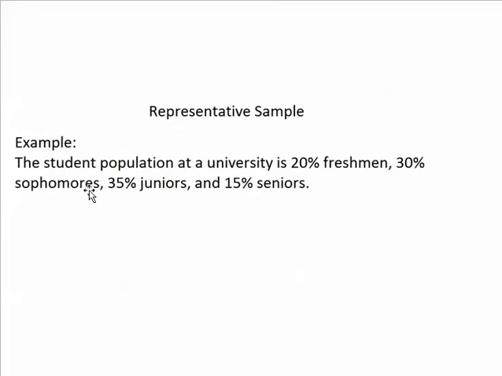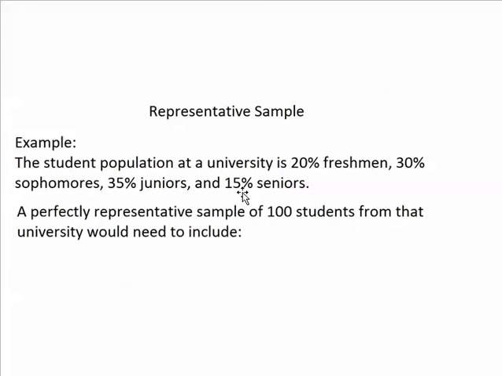Here's another example of a representative sample. If a university is 20% freshman, 30% sophomore, 35% junior, and 15% senior, a perfectly representative sample would also be 20%, 30%, 35%, and 15%.